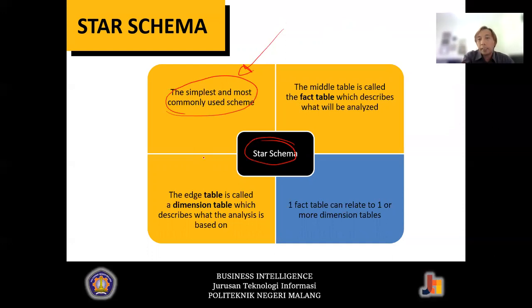The center of the star schema is called the fact table, which describes what you are going to analyze. The surrounding tables, or edge tables, are called dimension tables, which describe the basis of the analysis that you are going to use. One fact table can relate to one or more dimension tables.